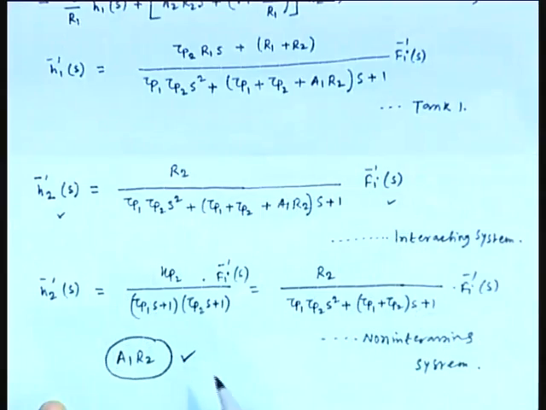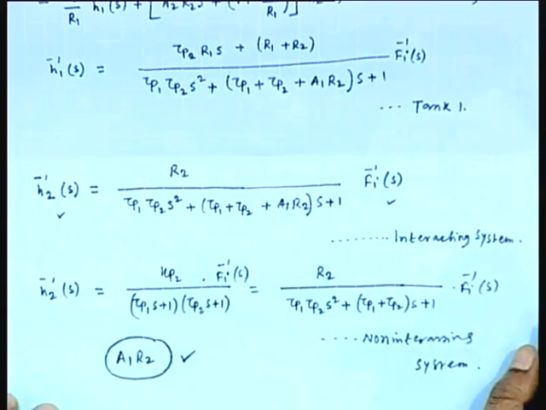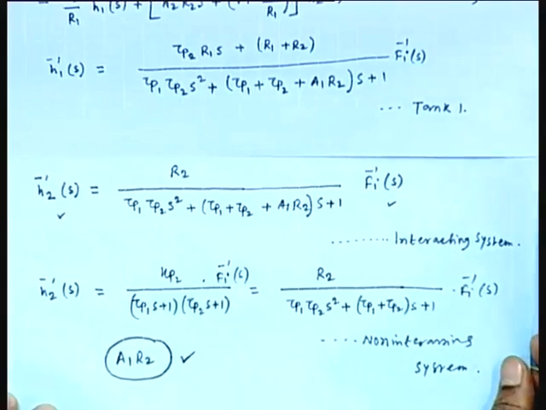So, this term A1 R2 may be thought of as the interaction factor. Fine. If we compare the two transfer functions, we see that one additional term A1 R2 is present in the overall transfer function of interacting system, and this term may be thought of as the interaction factor.